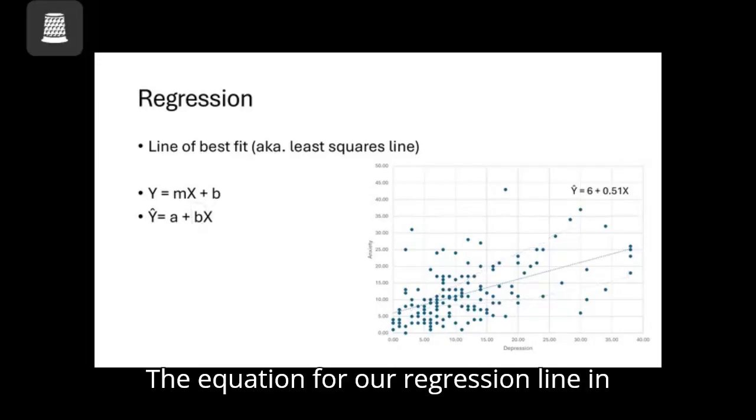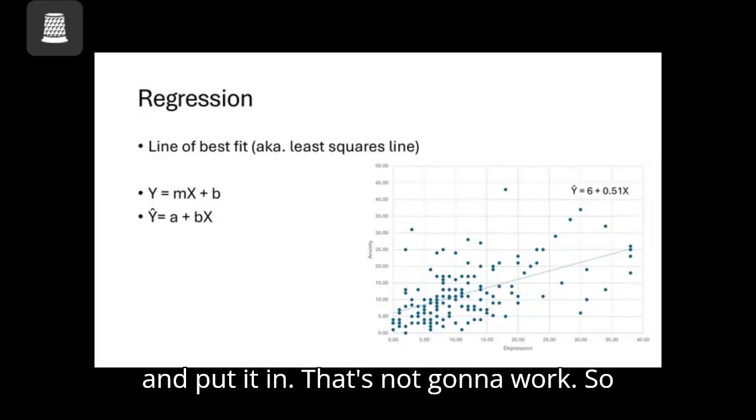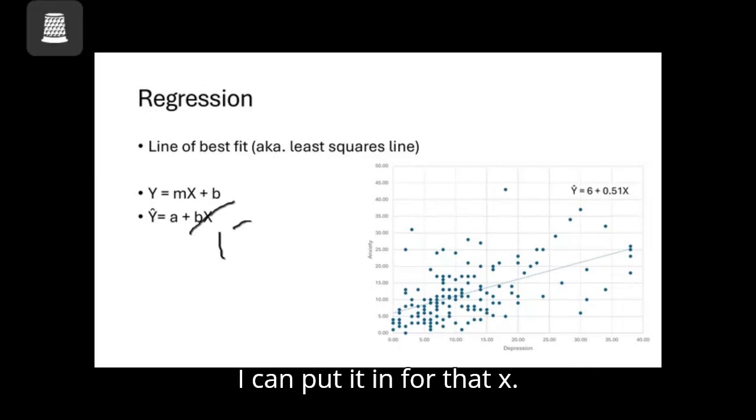The equation for our regression line in this scatter plot is y hat equals 6 plus 0.51x. So if I have a depression score of 17, I can plug that in for this x right here. I can take my value of 17 and put it in for that x.